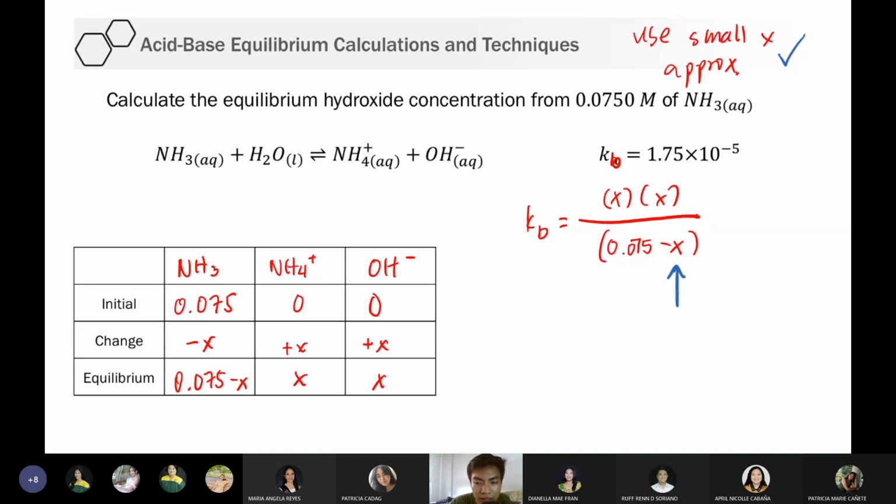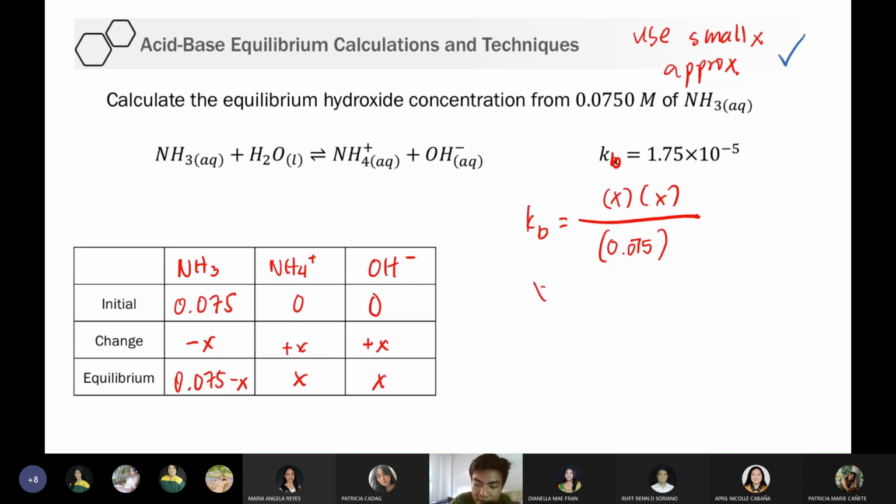Kasi kapag hindi natin yan tinanggal, magko-quadratic equation tayo. Ayaw natin yun, di ba? As much as possible, ayaw natin kasi nakakapagod. So, since qualified naman siya sa small x approximation, then pwede natin burahin itong minus x na yan. Okay? Yan. So, burado na siya.